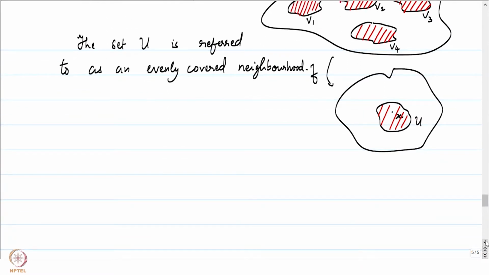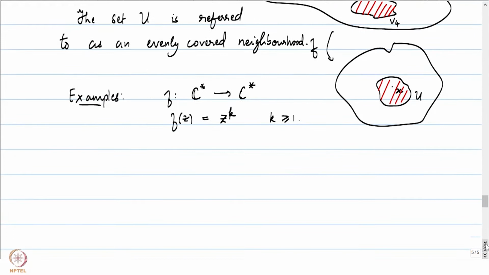And before we go further, let's give a few examples. The first example would be on C star. Consider the map f from C star to C star, where f of z is given by z to the power k, where k is fixed, so k greater than or equal to 1.